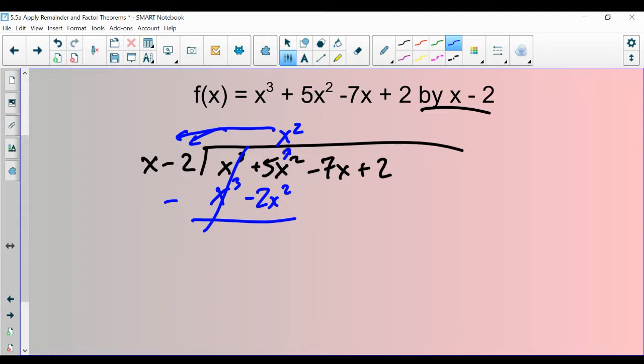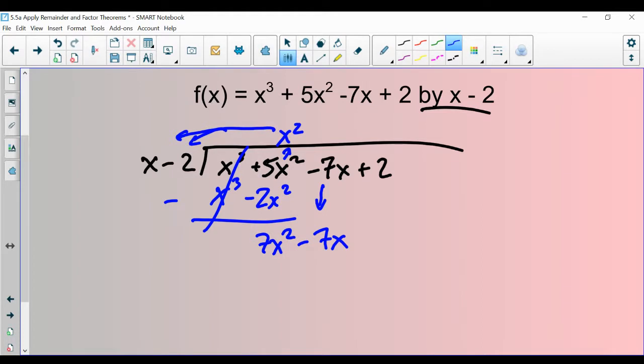Lots of students are going to write 3x squared here, but remember, you are subtracting all of the time. So 5x squared minus a -2x squared is actually 7x squared. Remember, minus a negative turns into plus. After you do the subtraction, just like we did with the regular long division, you're going to drop the next term down.